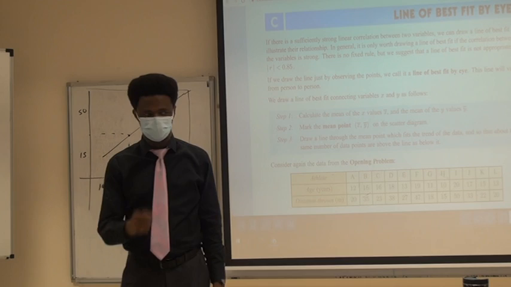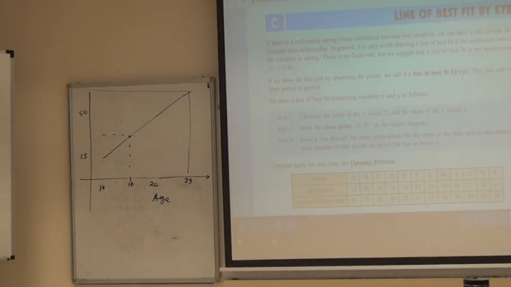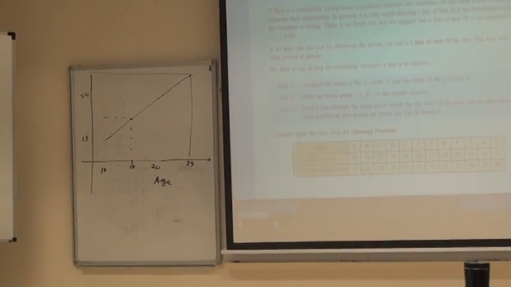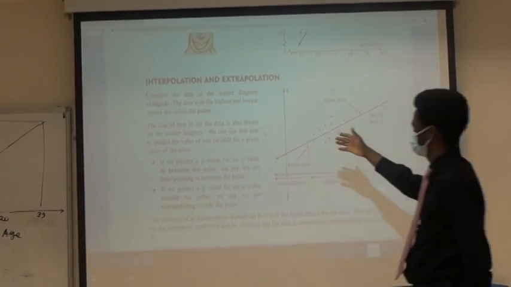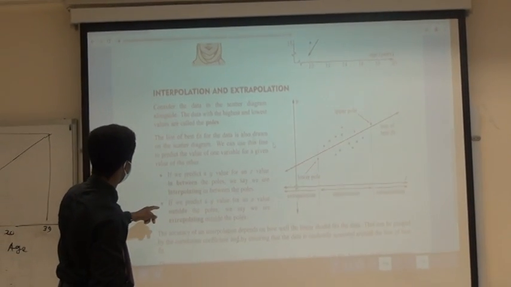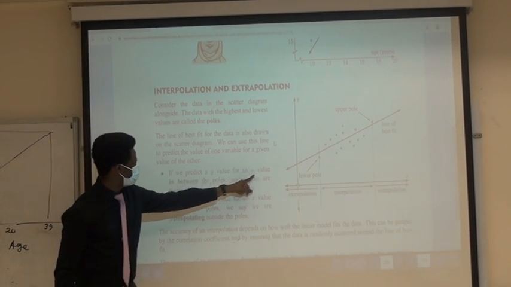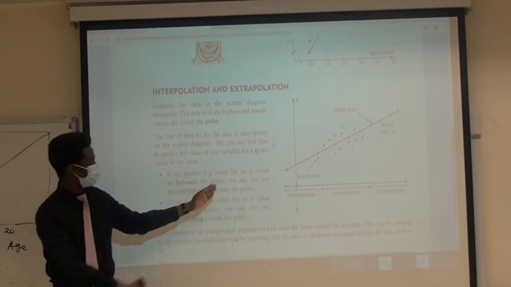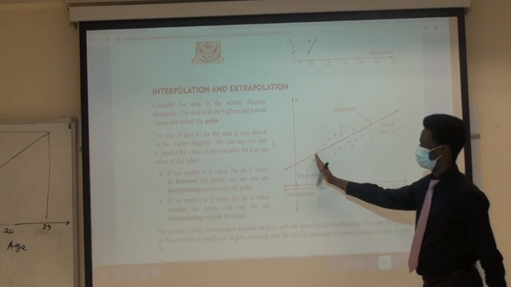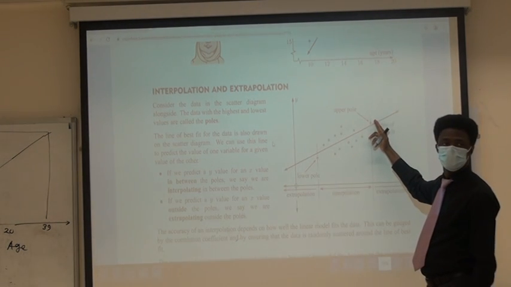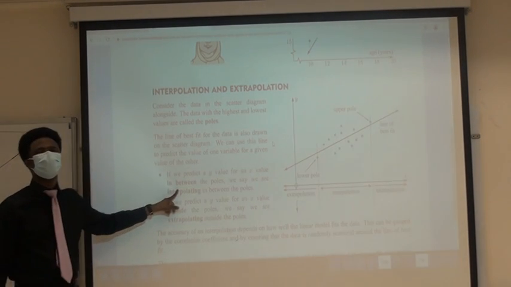I forgot to mention those two terminologies yesterday, so I thought I'd start with that today. So here, interpolating and extrapolating. If we predict y for an x value in between the poles, the boundary here, the lower pole, the upper pole, the first one and the last one, then you are interpolating.